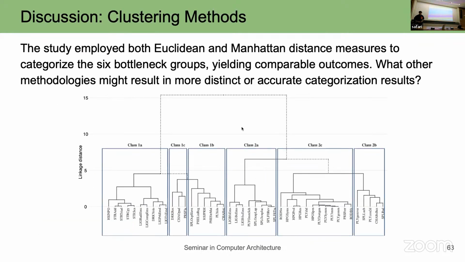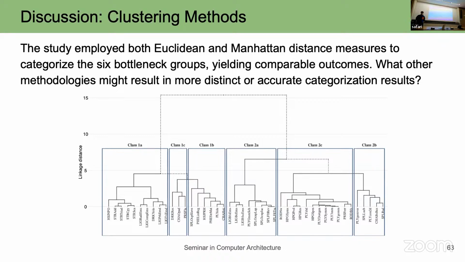So I've briefly stated that a very simple method to group into the 6 memory bottleneck classes is used. It's the Euclidean and Manhattan distance measures.